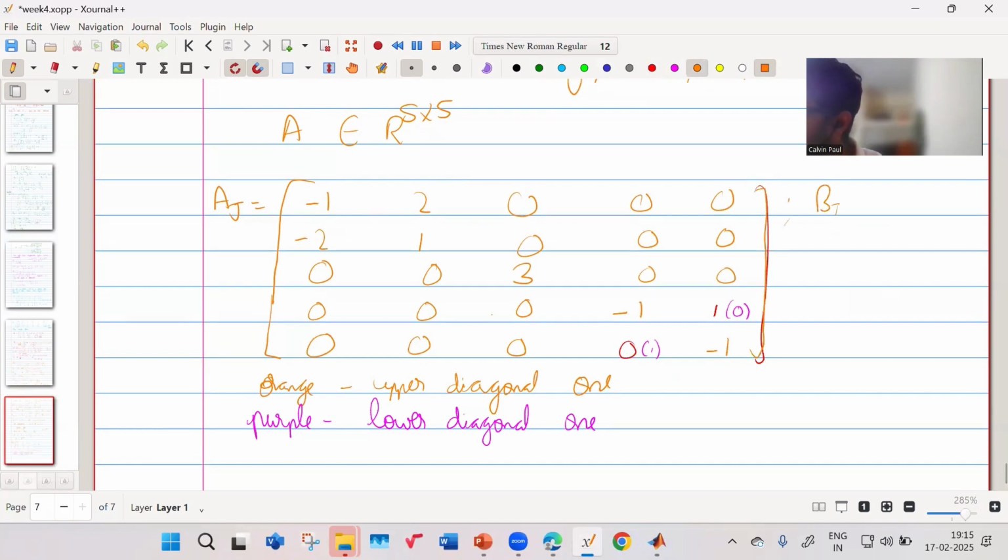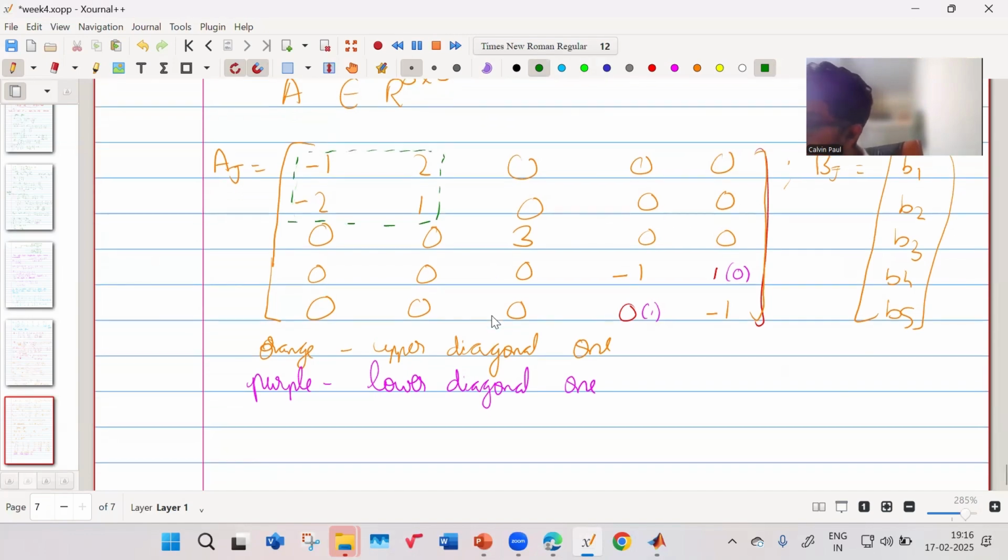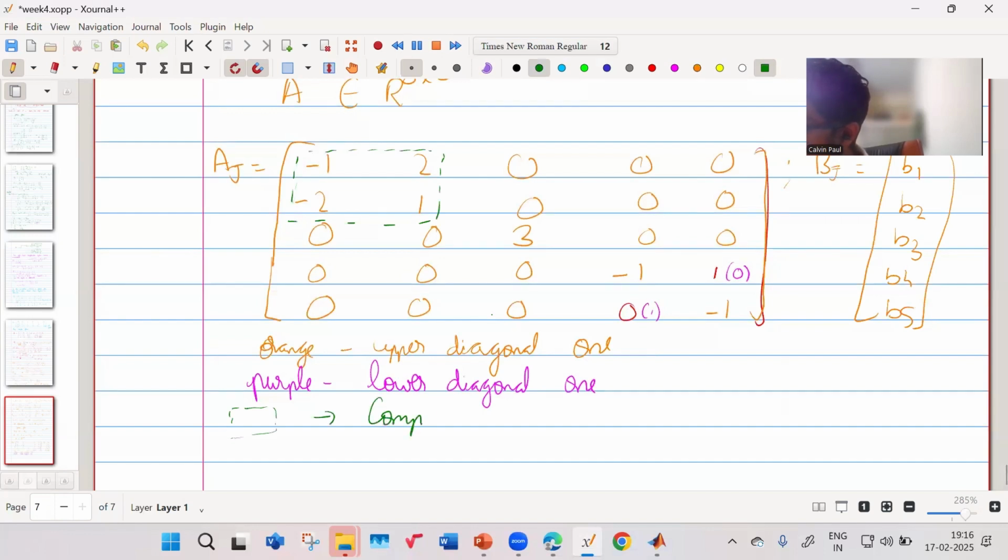Now, what is the BJ matrix? Let us say it gets converted to some B1, B2, B3, B4, and B5. Now, when do I say it is controllable? Let us consider this part, the subsystem corresponding to the complex eigenvalues.